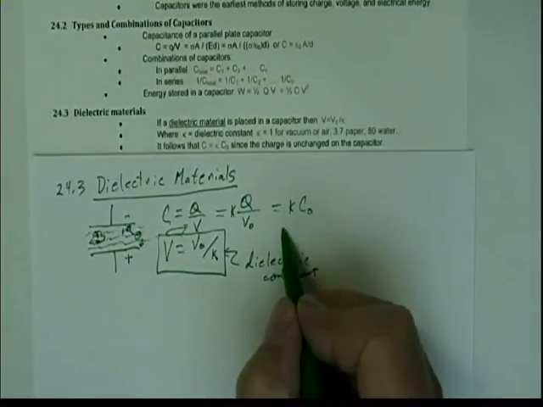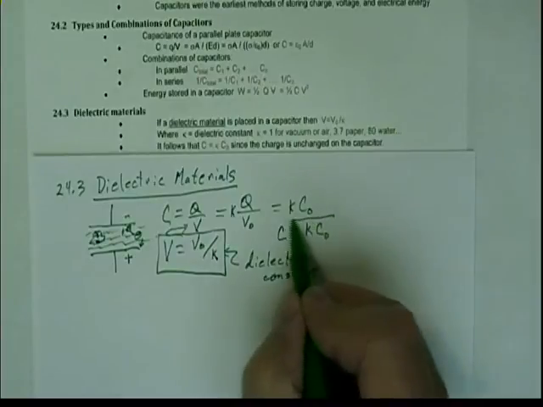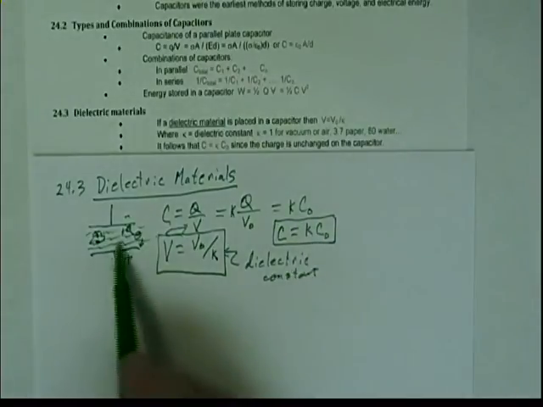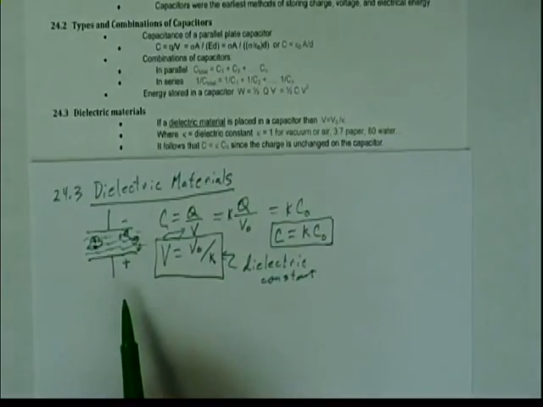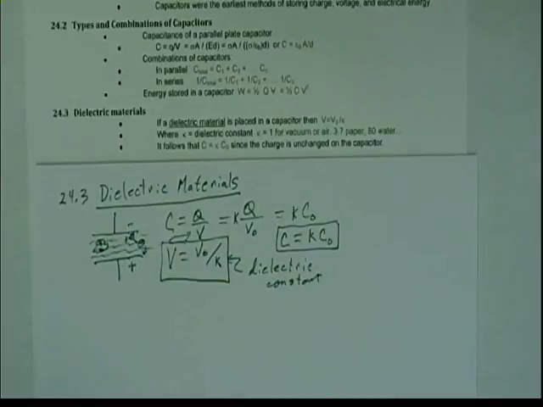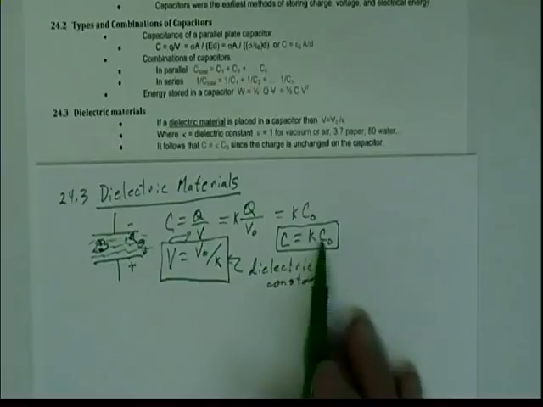So we end up with the second formula, C is equal to kappa times C naught, where kappa is the material that I have put in, called dielectric material, that I've put into this particular capacitance. Obviously, a lot of different materials can allow the capacitance to become much larger if you put them in there.